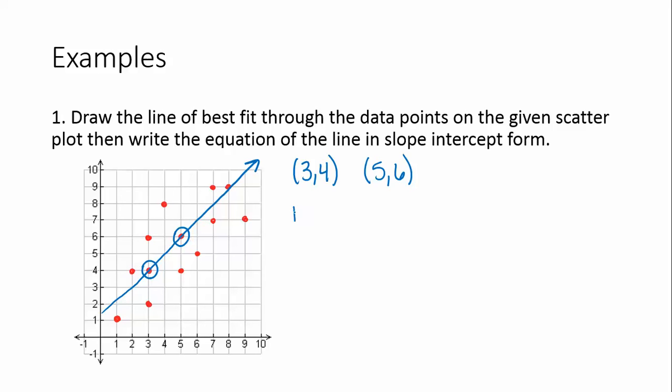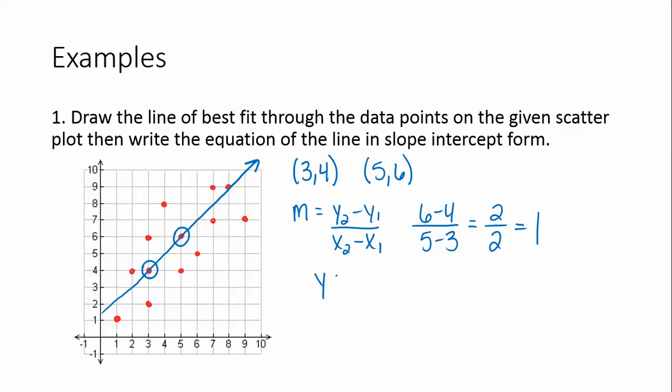So I need to calculate the slope: y2 minus y1 over x2 minus x1. That's going to be 6 minus 4 over 5 minus 3, and I get 2 over 2, or 1. So the slope is 1.